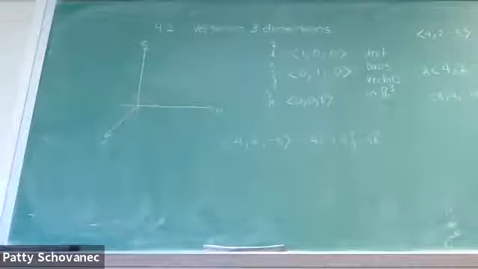And then we subtract component-wise. 8 minus 5 gives me a 3. 4 minus 10 gives me a negative 6. Negative 10 minus 15 is negative 25. So things are done component-wise in terms of addition and subtraction and scalar multiplication.